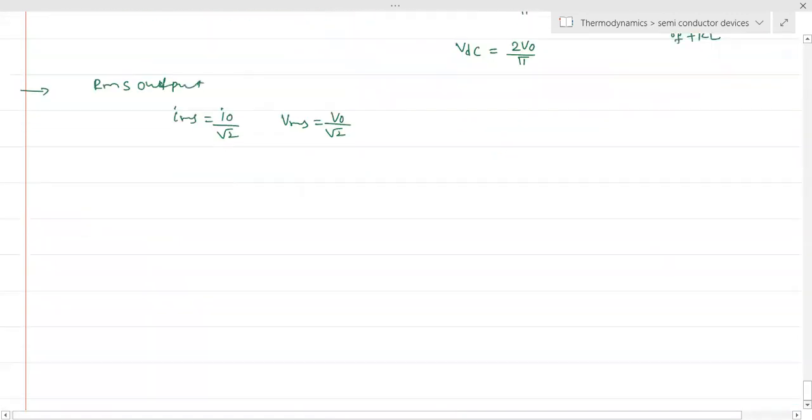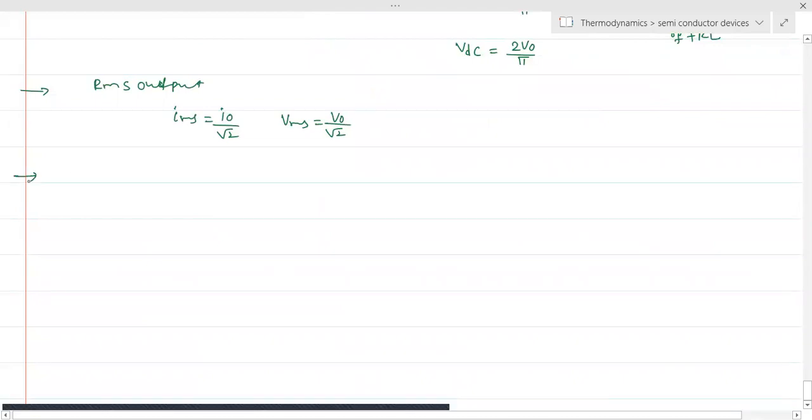We will also see the form factor as well as the ripple factor.